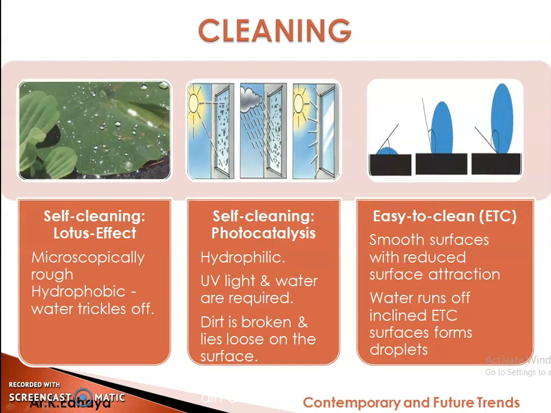But what happens is that the angle of contact between the droplets of water or the rain and the surface where it is going to hit, or where you have the easy to clean surface, is going to decide how well your surface is going to clean up. If it is going to be a complete droplet, then it is just going to wipe off all the dust away from it. So these are the cleaning aspects here.